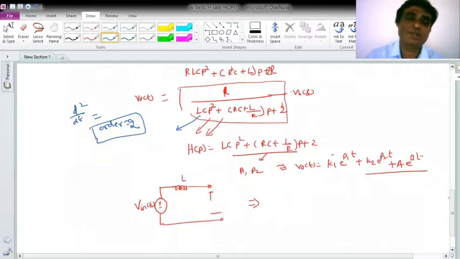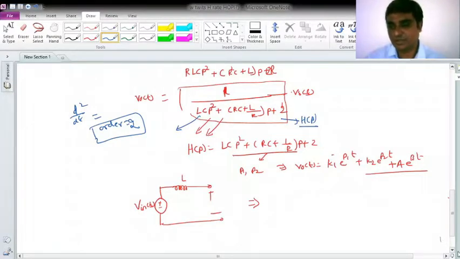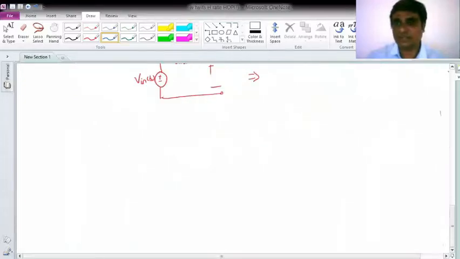So now my next aim: without finding out the system operator, can I directly identify what is the order of the system? That is the thing which we will be discussing right now.